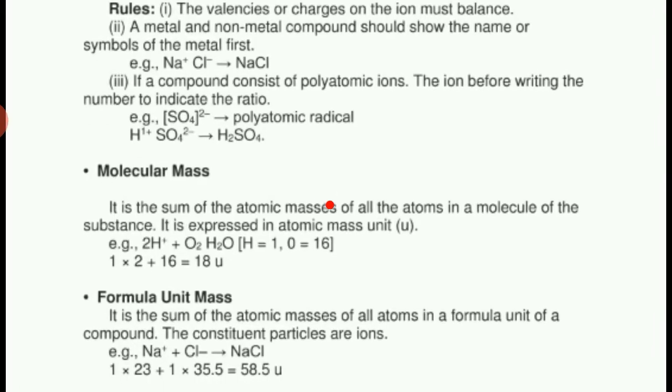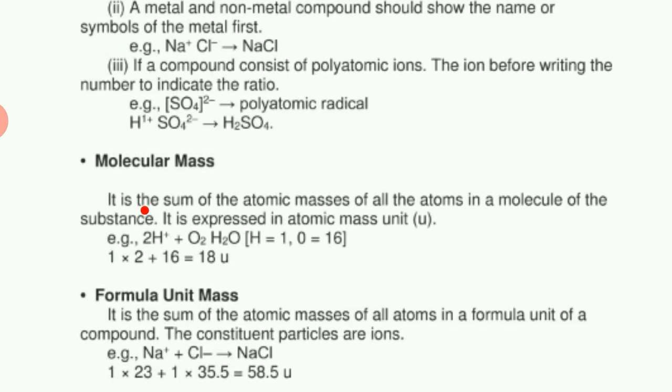Next topic is molecular mass. It is the sum of the atomic masses of all the atoms in a molecule of a substance. It is expressed in atomic mass unit, AMU, or today we denote it simply by u. How can we determine it? The formula of water is H2O, and the atomic mass of H is 1 and of oxygen is 16.